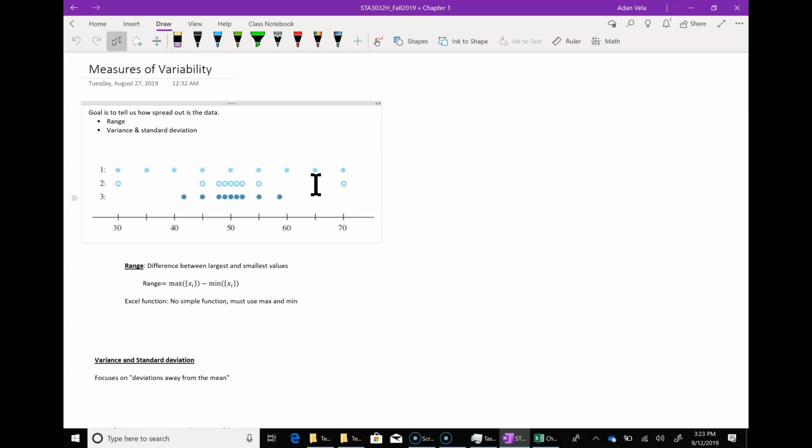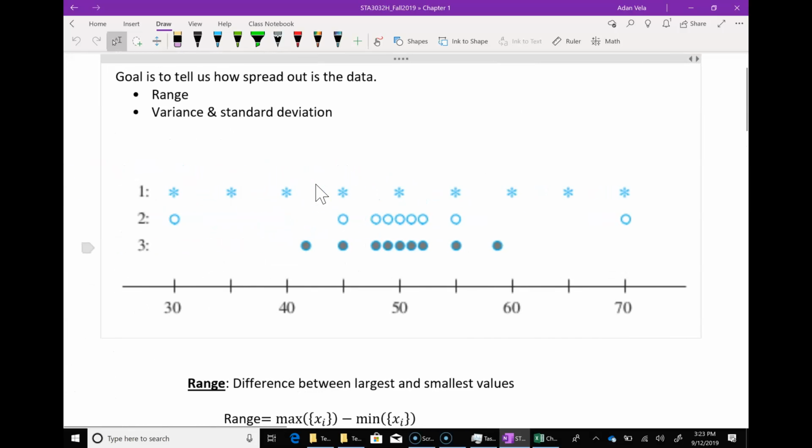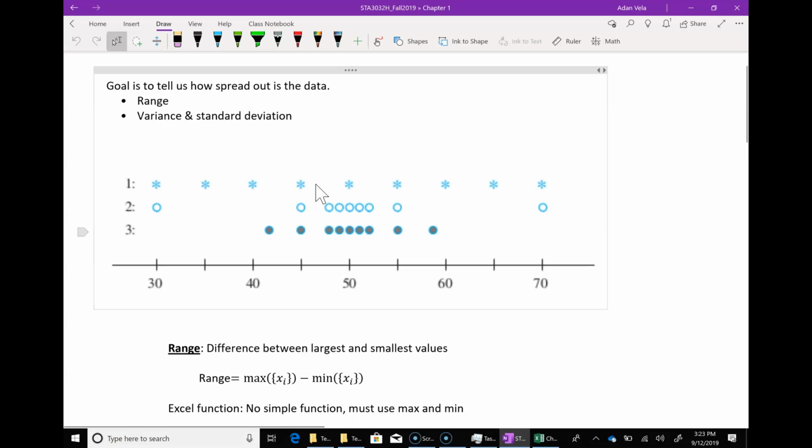So here we have 3 different examples from the book of data sets, okay? And so in this first data set, number 1, you can see the points sort of spread out, right? It has a high variance, right? Because, you know, it's sort of spread out.